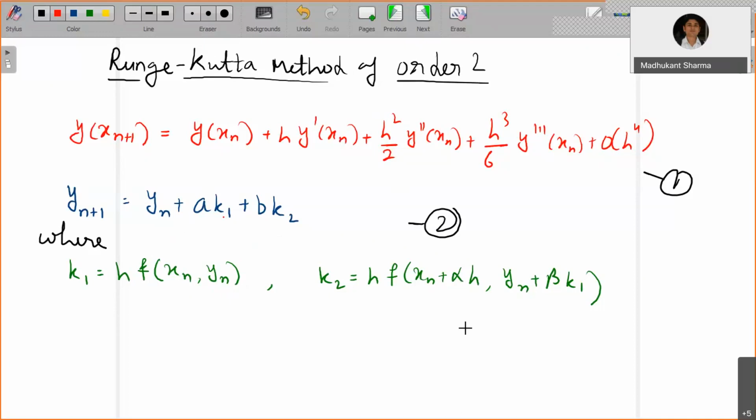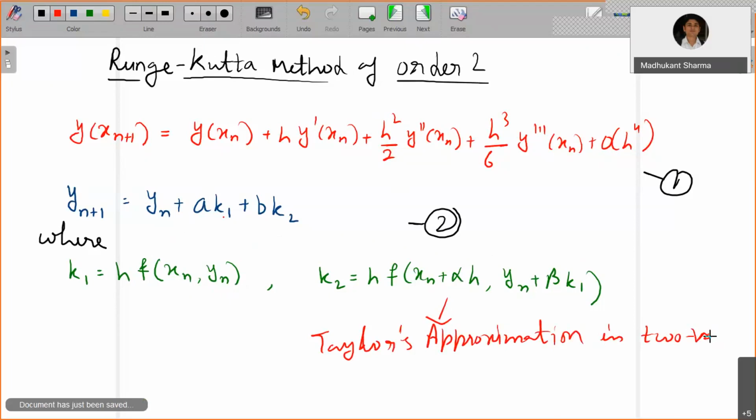Now for the other term, we are going to use Taylor's approximation in 2 variables, then substitute back here, and then we will try to compare it.